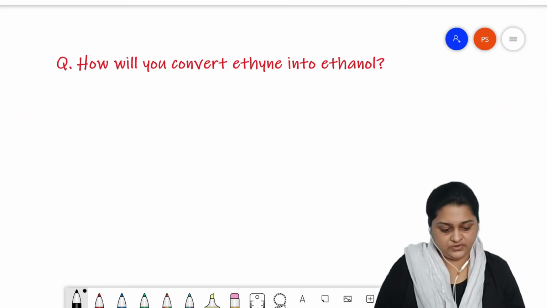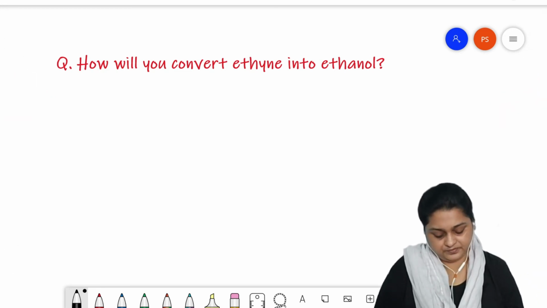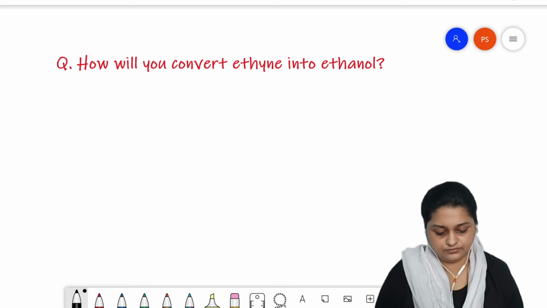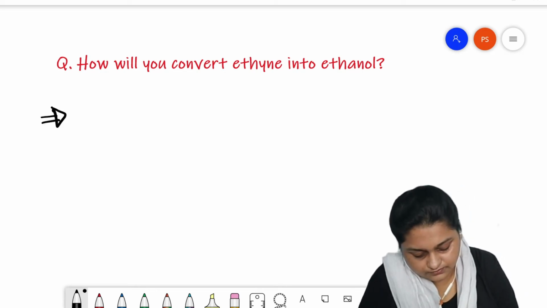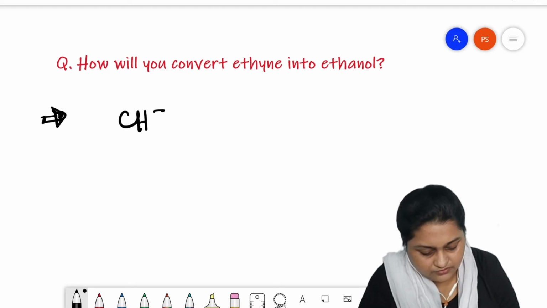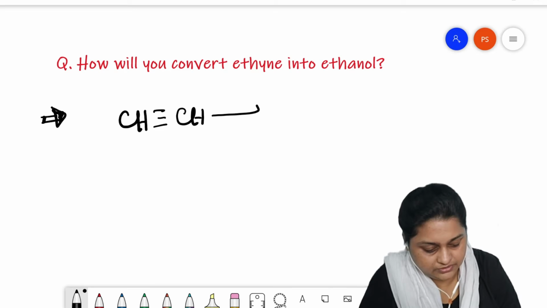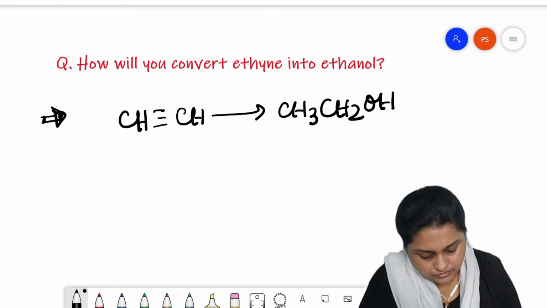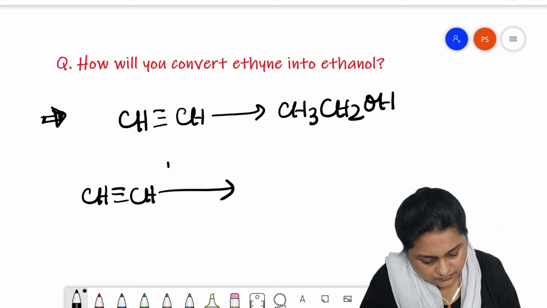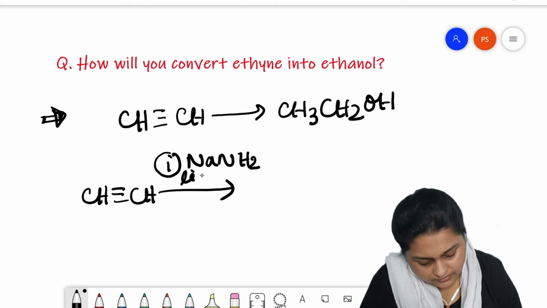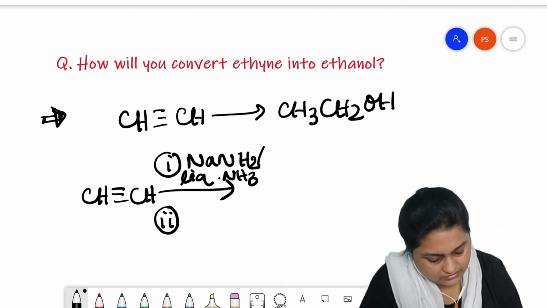How will you convert ethine into ethanol? First of all, we need to convert ethine, that is acetylene, into ethanol, CH3CH2OH. So, to do the conversion, at first we will apply sodamide in liquid ammonia and CH3Br.